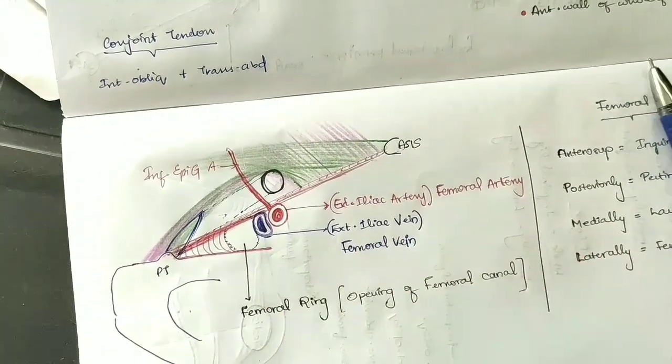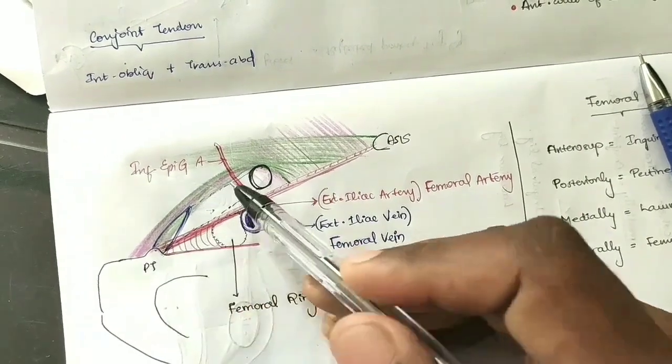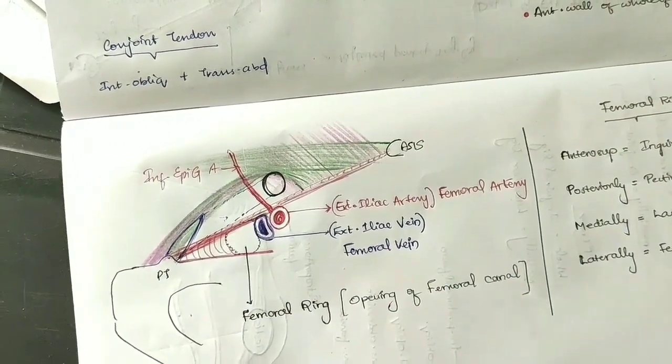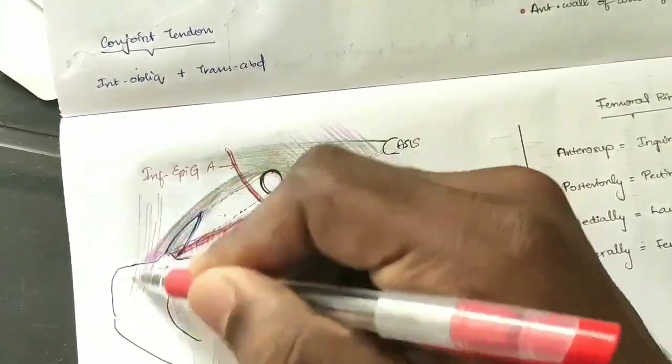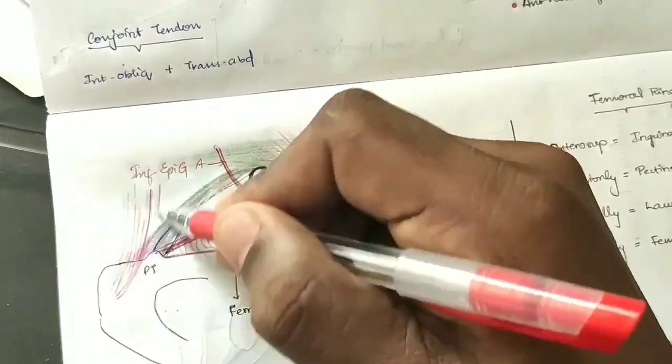And here, not an imaginary actually, here we are assuming there's a triangle. Here comes another structure, it's the rectus abdominis muscle.